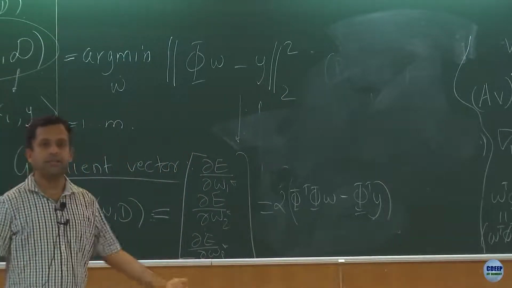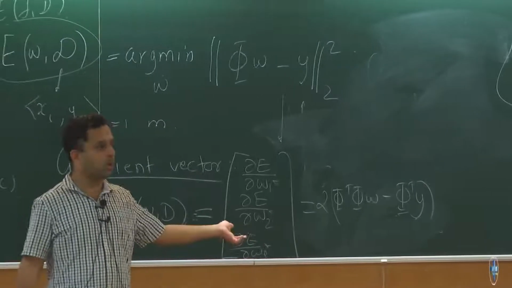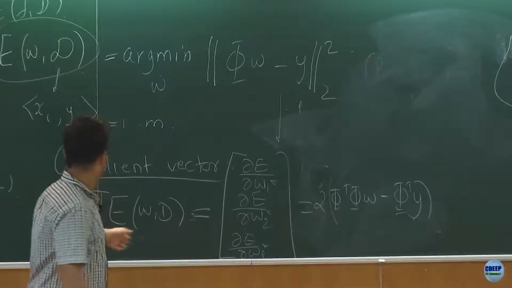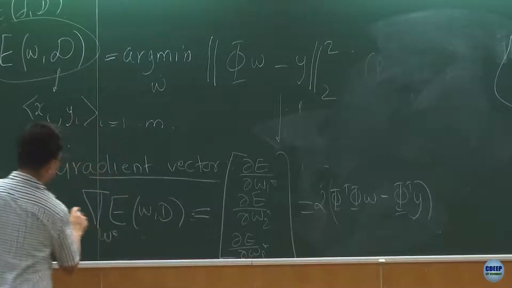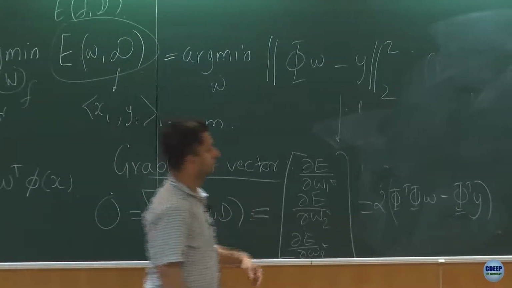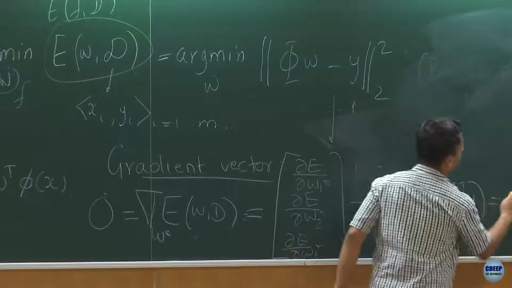And this should be 0 at the point of optimality. So at w star this should be 0.